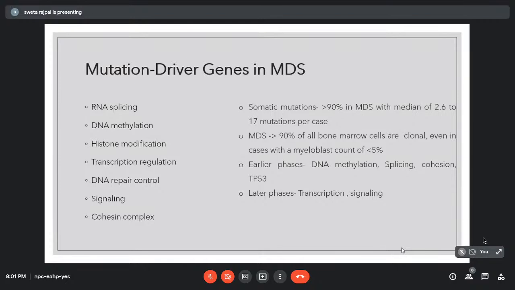Even if the blast counts are less than 5%, we can see clonal hematopoiesis in MDS. In earlier phases, most of these mutations happen in DNA methylation or splicing, or TP53 or cohesin complex. In later phases, they can involve transcription and signaling, apart from other mutations.